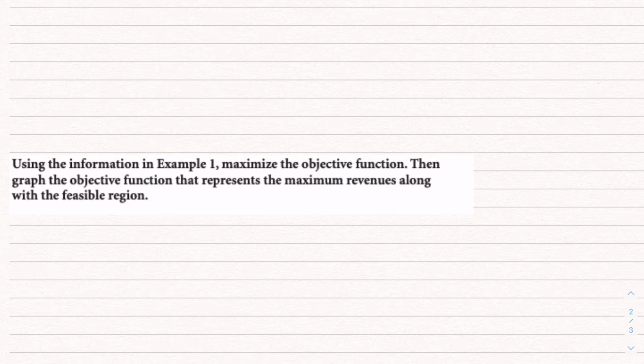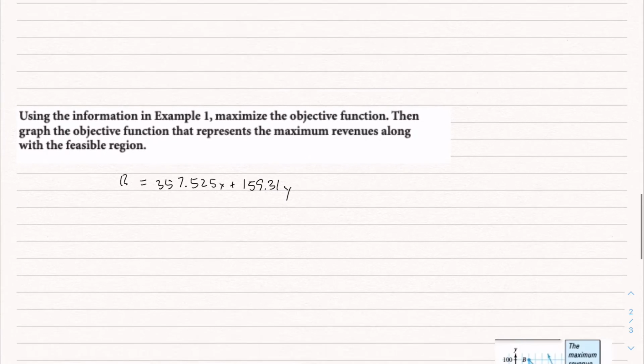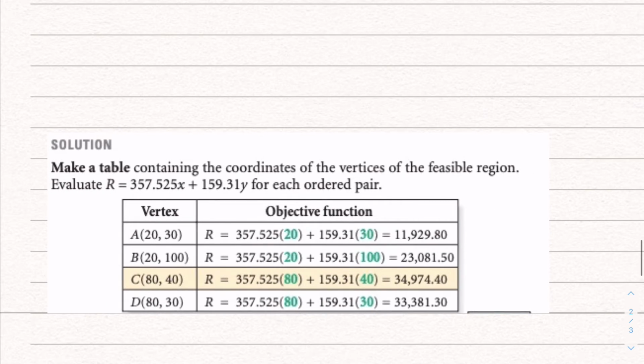First, make a table containing the coordinates of the vertices of the feasible region, and for each ordered pair, evaluate the equation from example 1, which is R is equal to 357.525x plus 159.31y. Once you have done that, you should see that the table is similar to this.